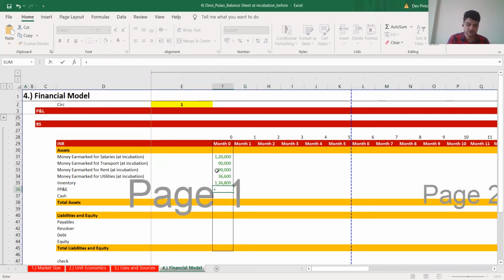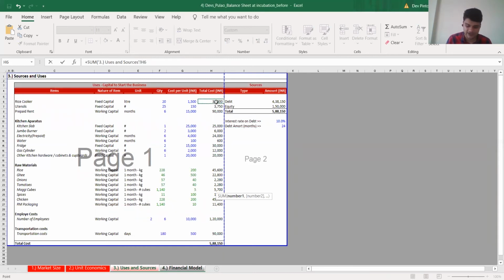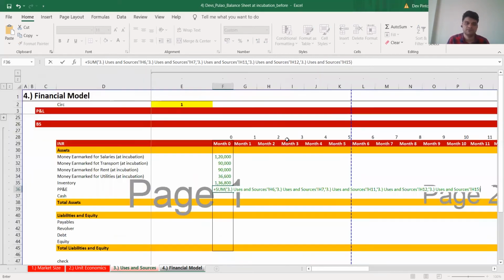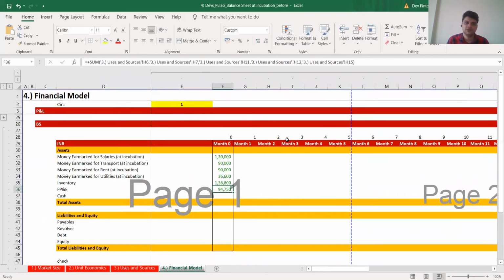So what's going to come over here? We're going to have rice cooker, we're going to have utensils, kitchen slab, jumbo burner, fridge. I think that about covers it. And upfront, we've not assumed that we're going to take any free cash, right? So cash is going to be 0.